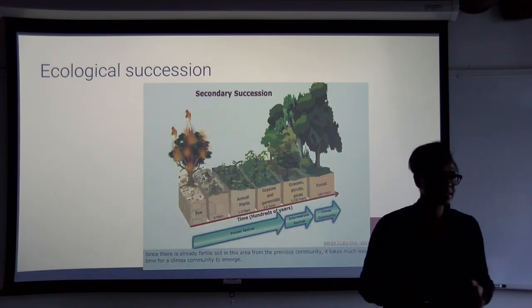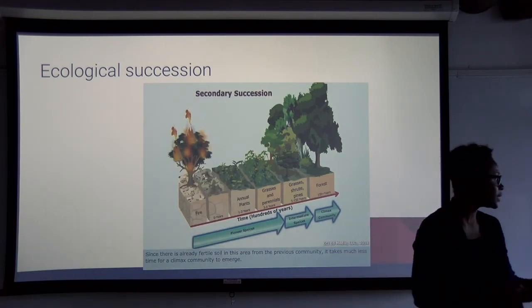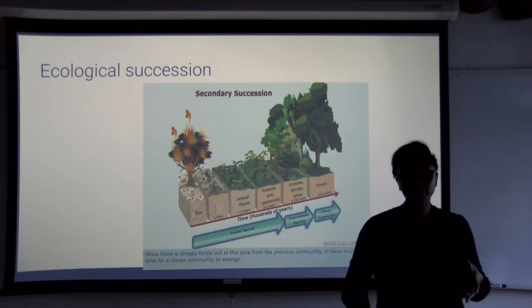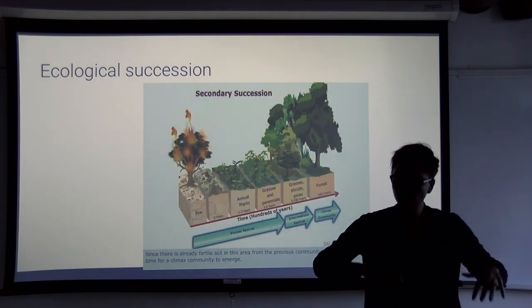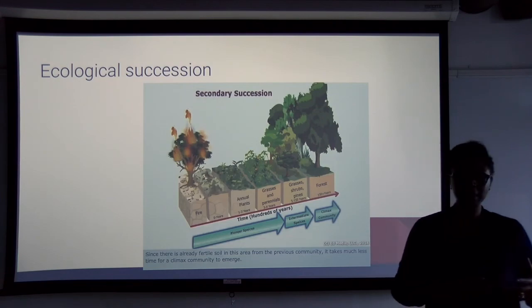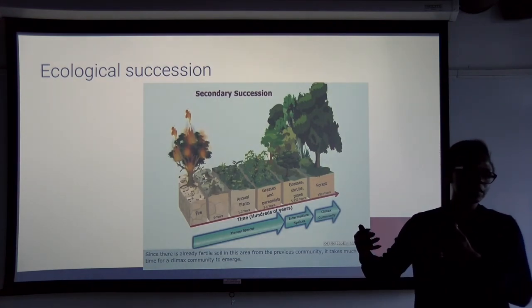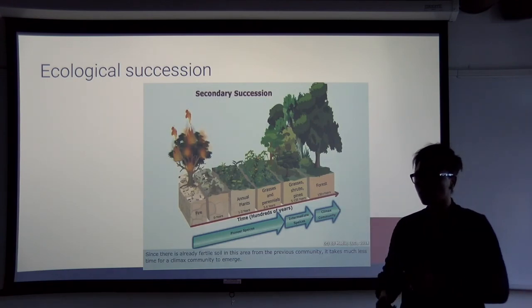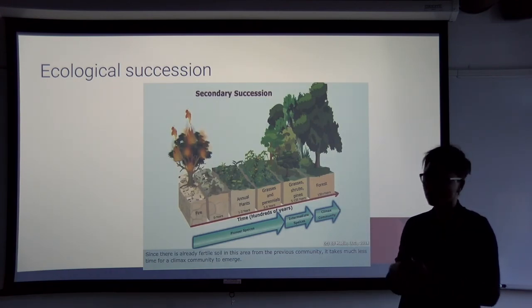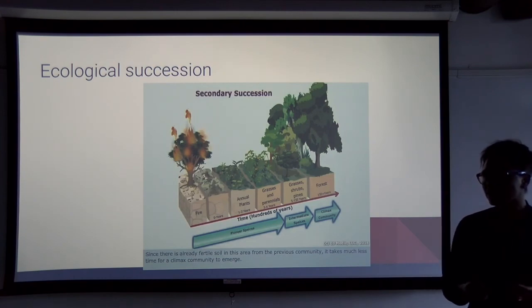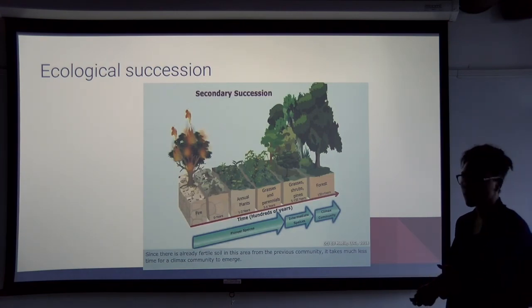So there's aquatic succession, where a pond can change into a swamp because sediments will develop in the bottom over many, many years, and it can convert it into a swamp over time, which can then develop into a forest because of succession. And there's land succession, which you just saw in this video.